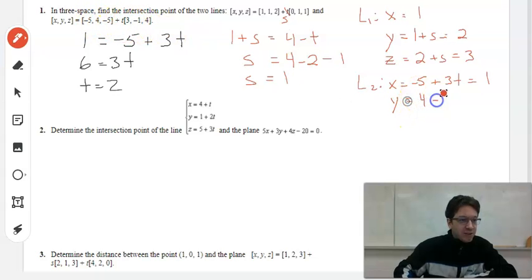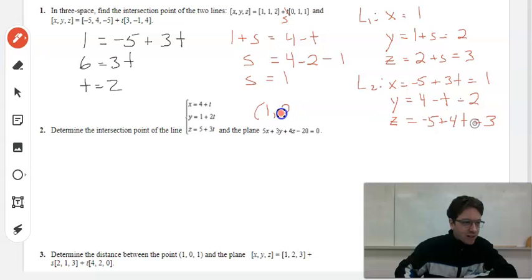And since t is 2, 4 minus 2 is 2. So far so good. Here's the real test though. z: minus 5 plus 4t. Since t is 2, that's minus 5 plus 8, which is, all right, 3. So our intersection point is 1, 2, 3.